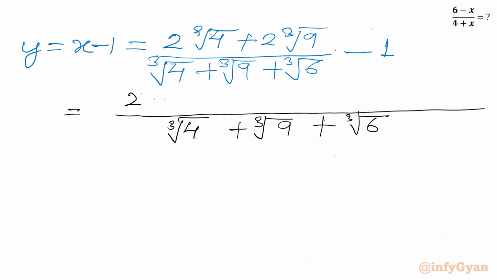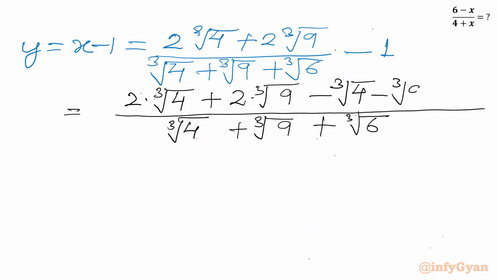In the numerator we will write 2 times cube root 4 plus 2 times cube root 9, then minus cube root 4 minus cube root 9 minus cube root 6.